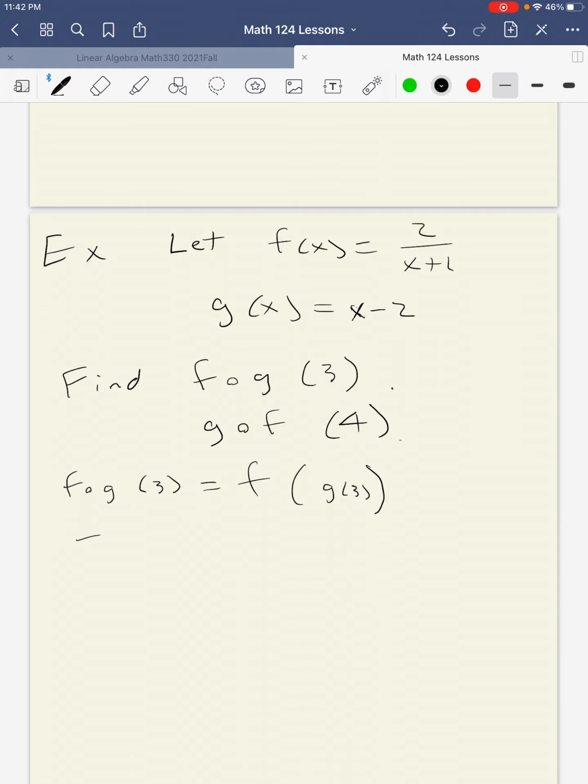So it means you plug 3 into g, then plug the output into f. The output is g of 3. Plug that into f.